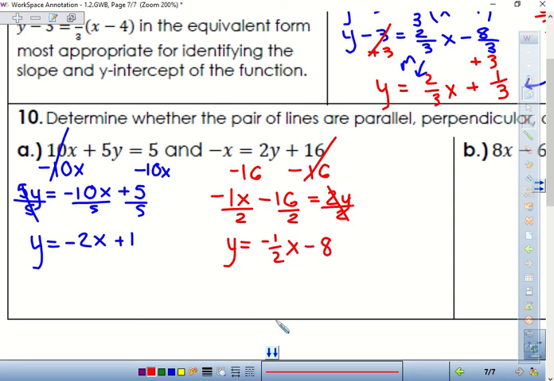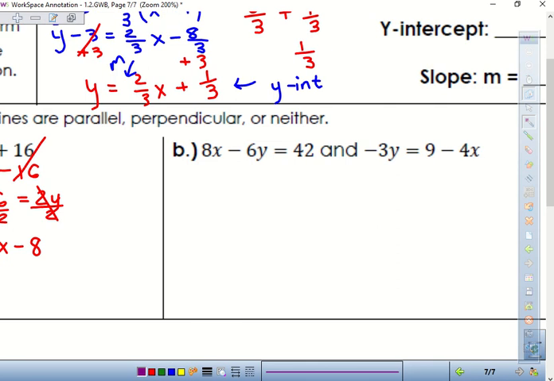So now they're both in slope-intercept form. Are the slopes parallel, perpendicular, or neither? Neither. But they're reciprocals, so what's the problem? Yeah, they're not opposite. They're the same sign. You can't have the same sign for reciprocal, opposite reciprocal.